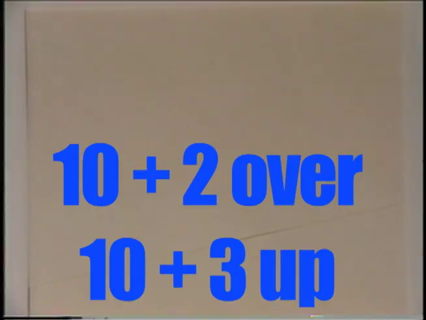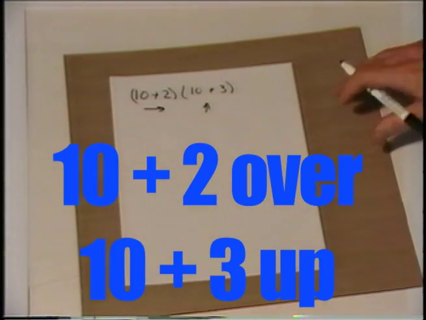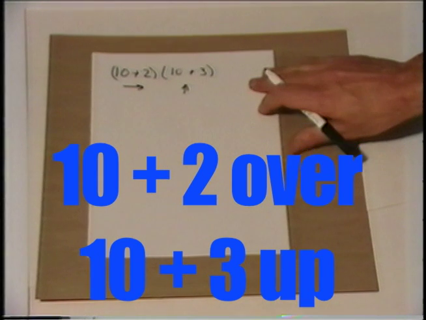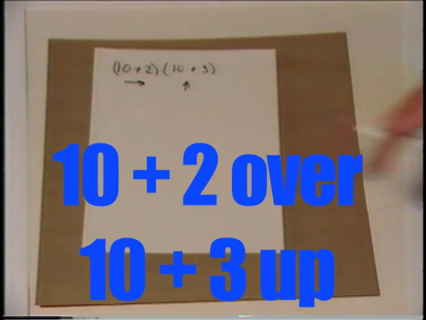Let's write a problem down here. 10 plus 2 over, 10 plus 3 up. We are given two factors.